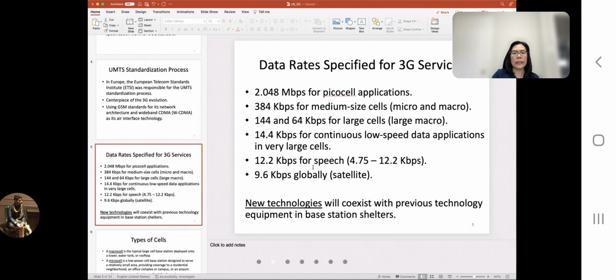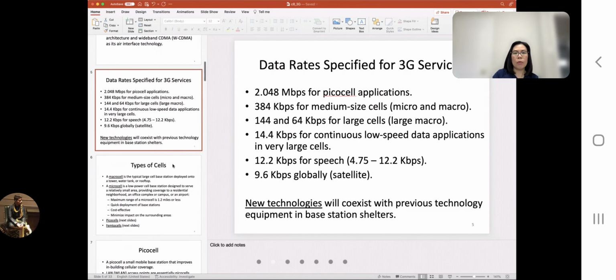So these are the data rates for different types of 3G services. Okay. Before we go into the data rates, we need to define different types of cells. All right. We have macrocells, microcells, picocells, and then another type of cell, which is a femtocell. Okay.